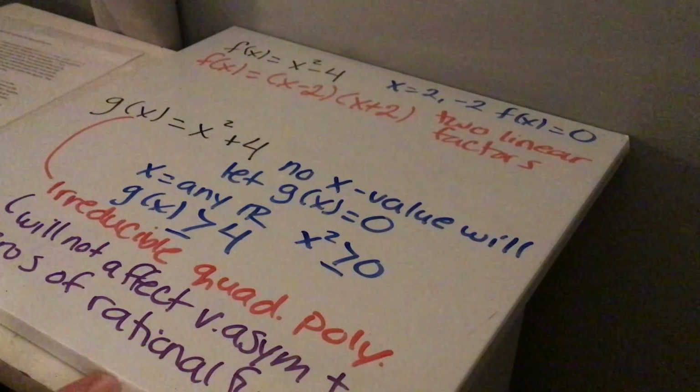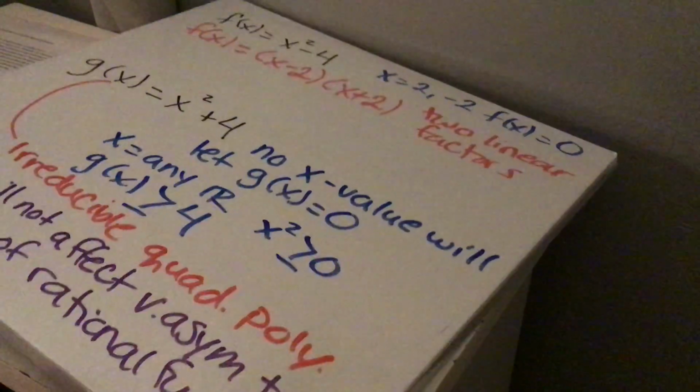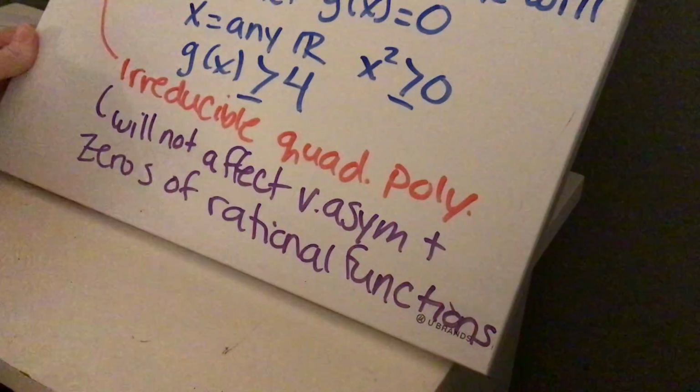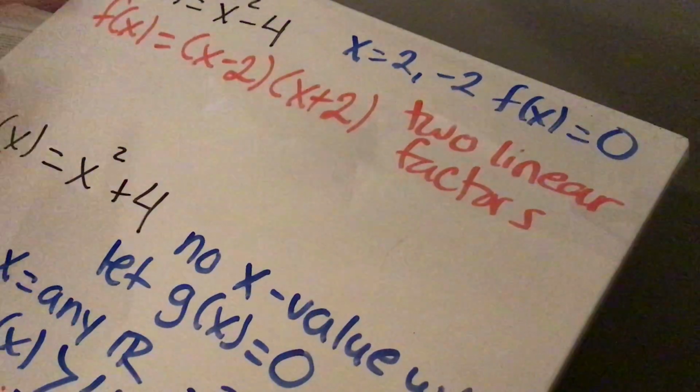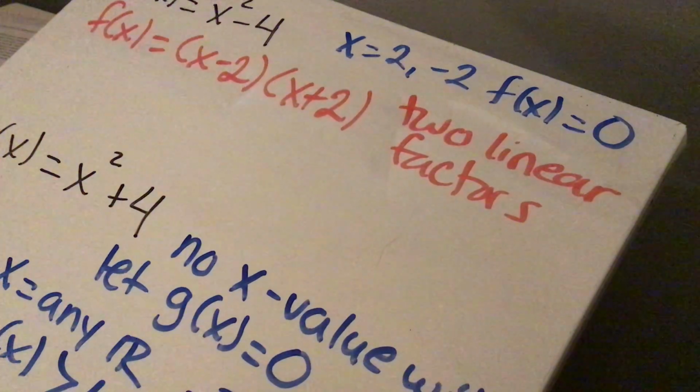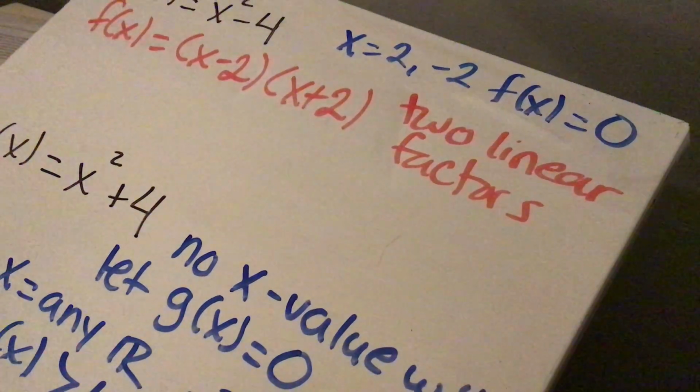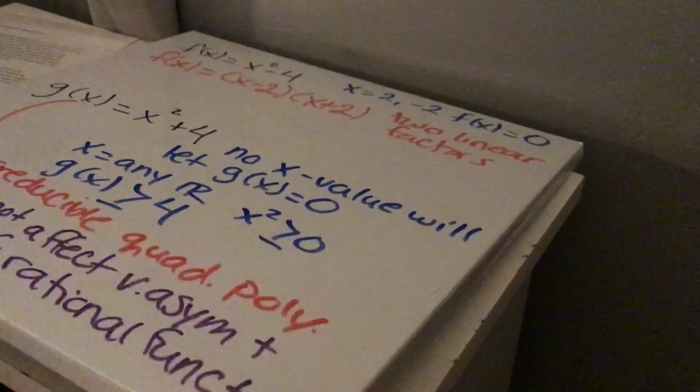They can't equal 0, so they're not going to affect our rational function at all. If they can equal 0, then they could be a vertical asymptote or a zero of the function, depending on where they are.